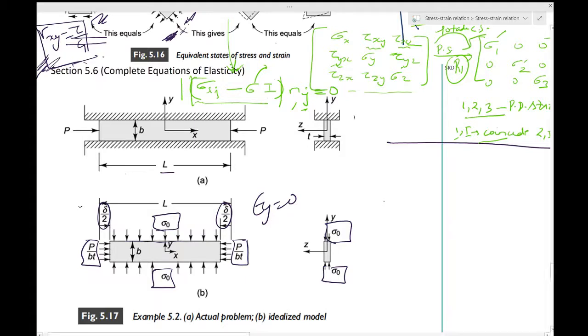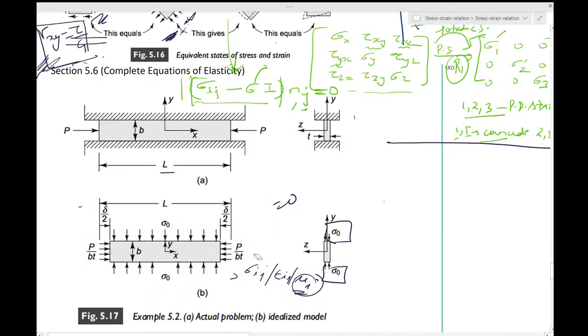Now at any internal point on this, one should be able to find the stress, strain, and the displacement. So it seems our work will be done if we are able to find the displacement at this point, or on this edge. If this displacement is found out, then we have the answer to our problem. That's what we are trying to do over here. Let's see how that happens.